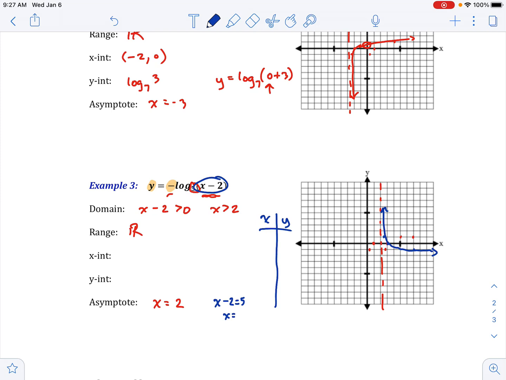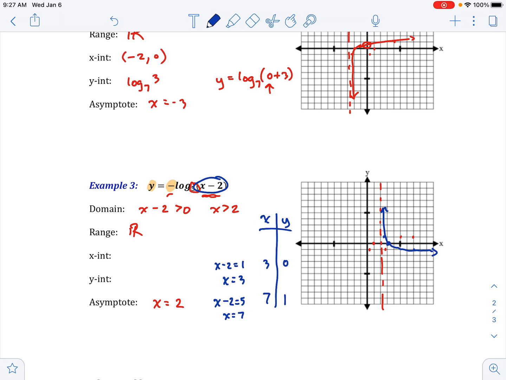So that means x is equal to 7. So I'm going to do a 7 comma 1. x minus 2 has to equal, well, we want a value of 1 so that we have 1 comma 0. So now x has to equal 3. So now I got 3 comma 0.